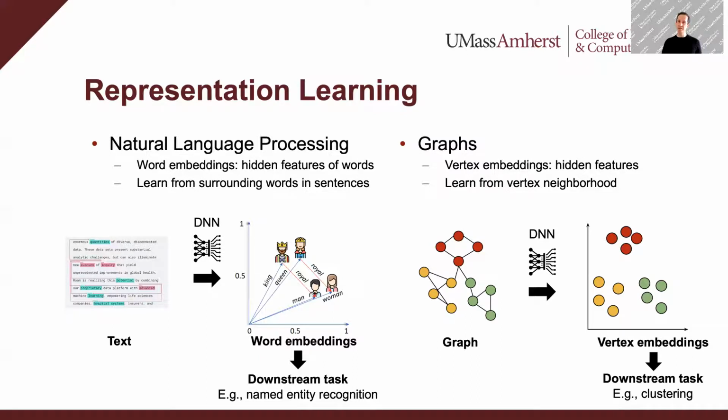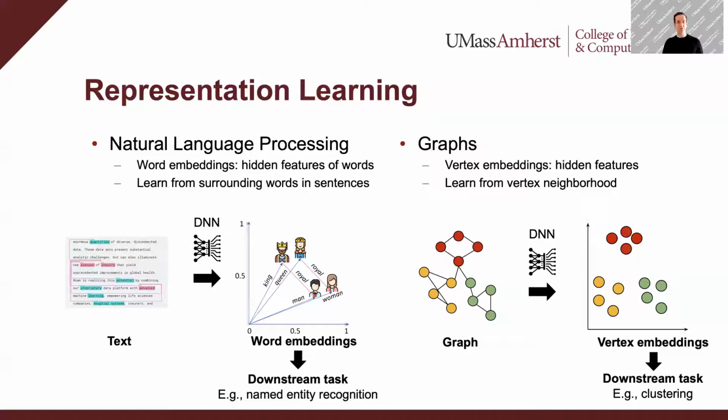Now you can do something similar for graphs, where you typically learn features for vertices. The difference is that in the case of text, you learn features from other words that are close by to the word you're learning the embedding for in sentences.